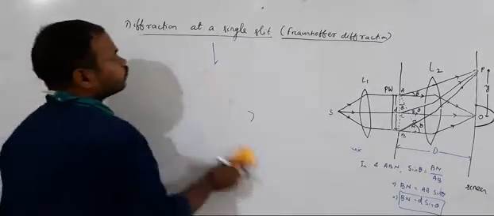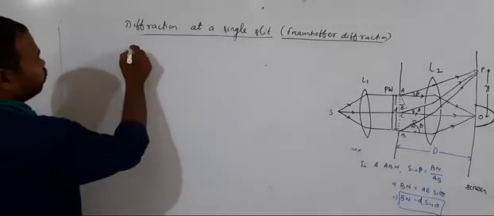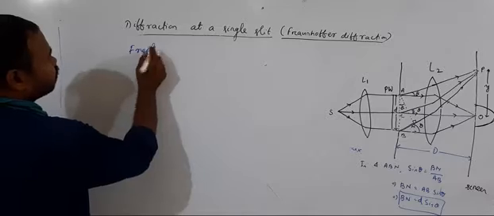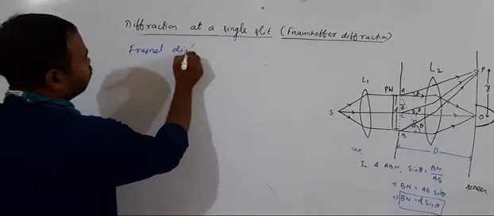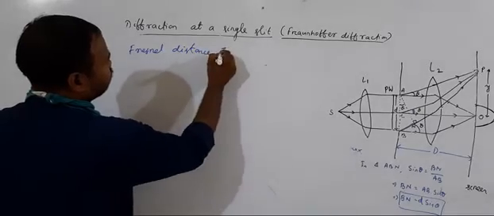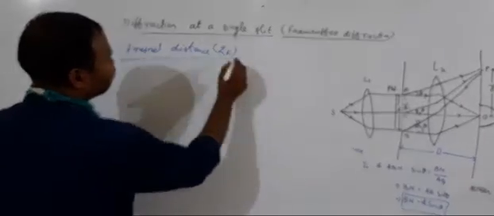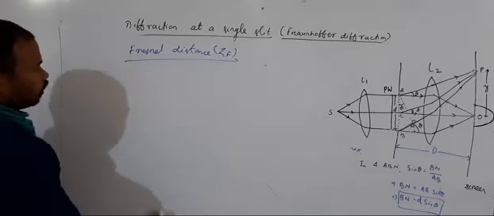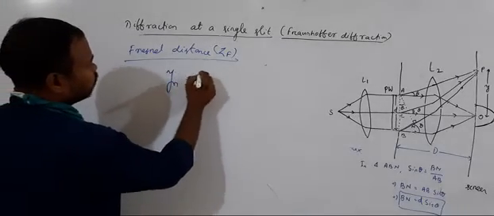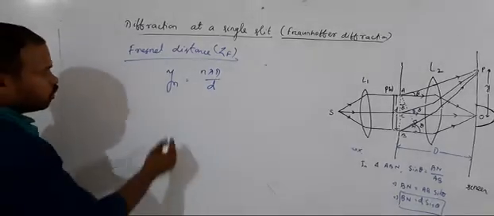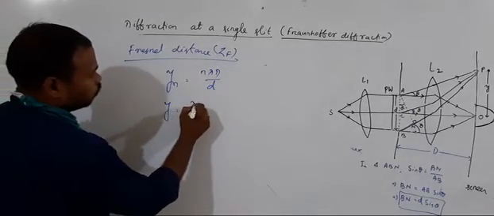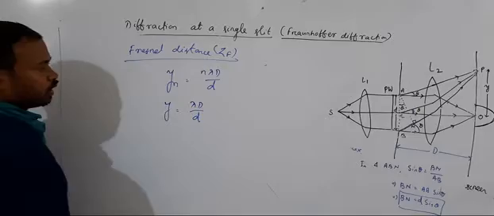Next term is Fresnel distance. What is the Fresnel distance? That I am writing as ZF. Already you know yn is equal to n lambda D by d. For first order, we can write y equal to only lambda D by d.